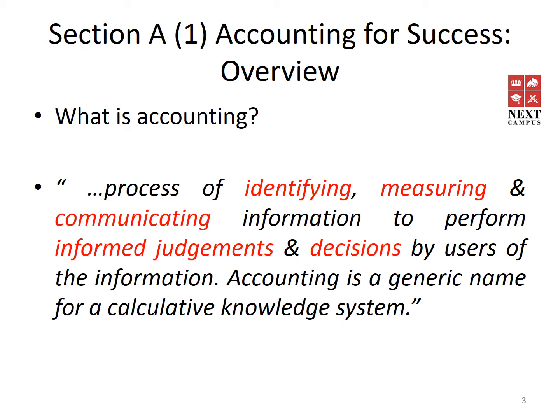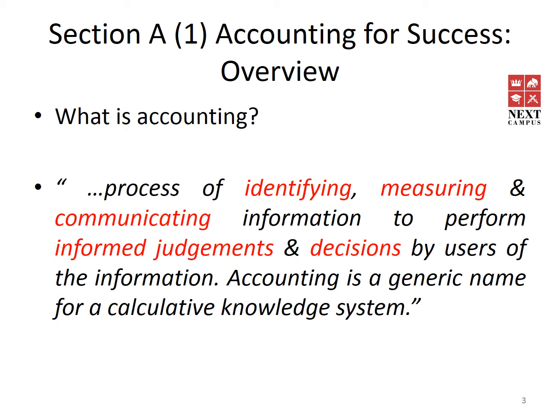Once again, accounting is a process of identifying, measuring, and communicating information to make informed decisions and judgments. If you summarize, accounting is an activity of record keeping for the purpose of users of financial statements to make informed decisions and judgments.